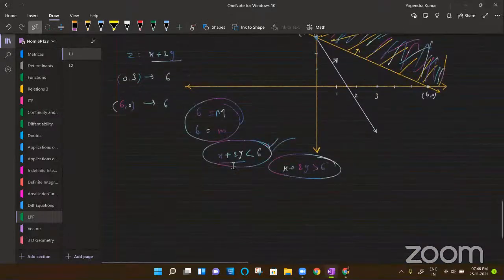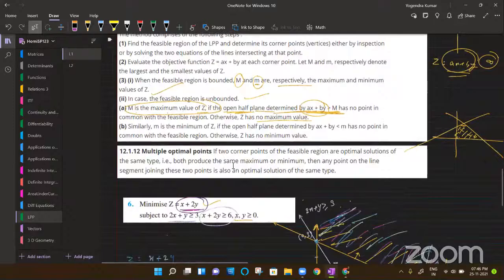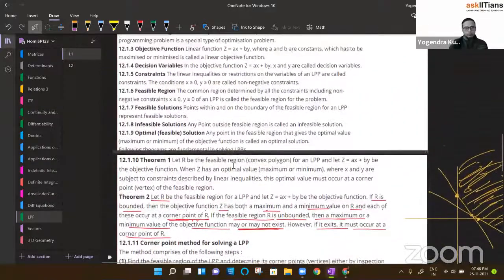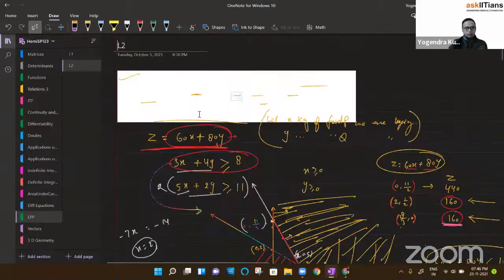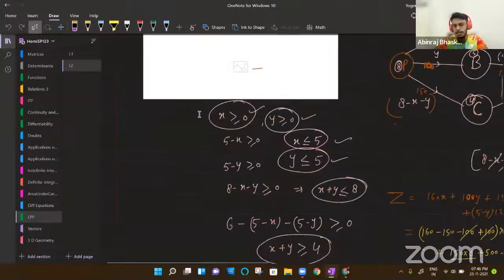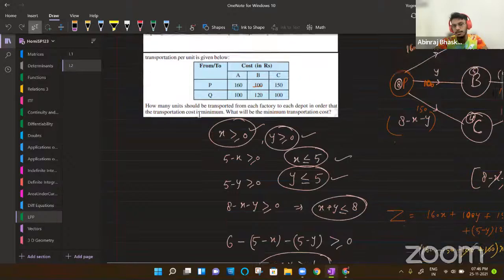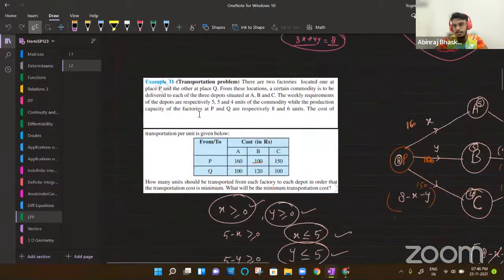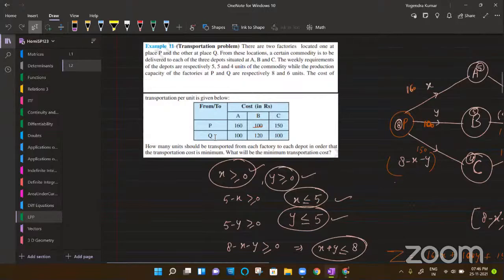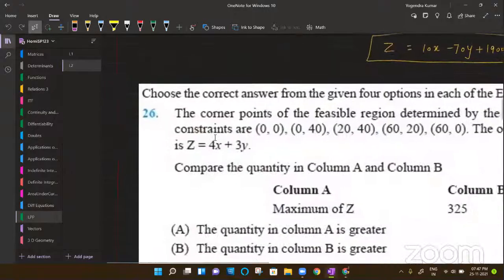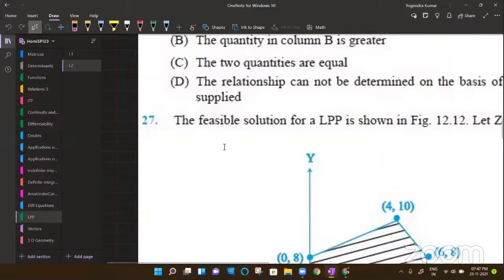Sir, but it can also happen on the line joining two corner points. Where is that example? Which we discussed, I think. The line segment, because it's unbounded, sir? No, we are talking about bounded. Unbounded minimization, and if it's the same as the equation, it can happen.